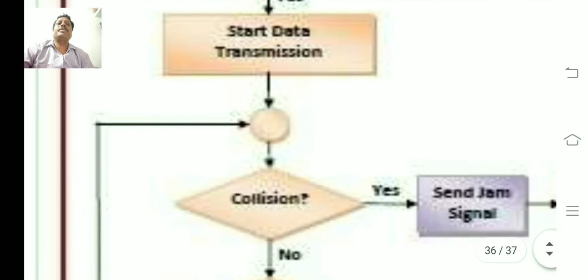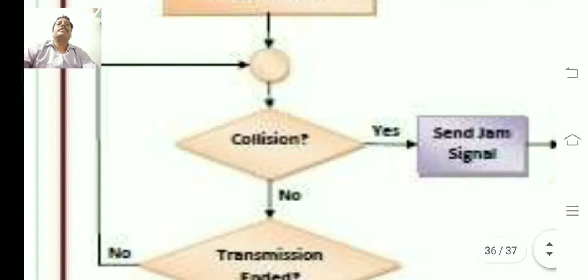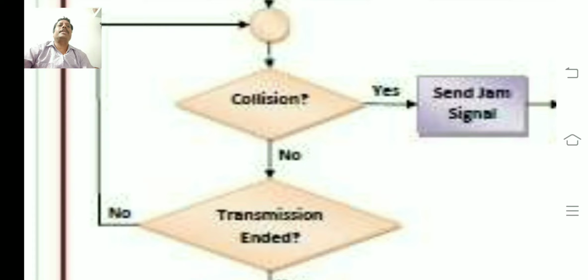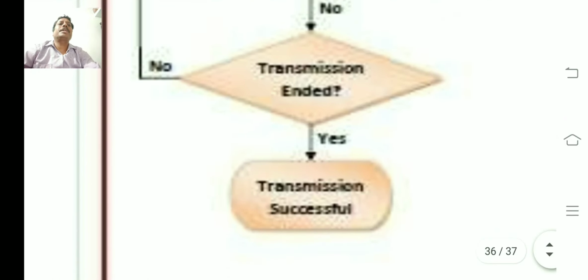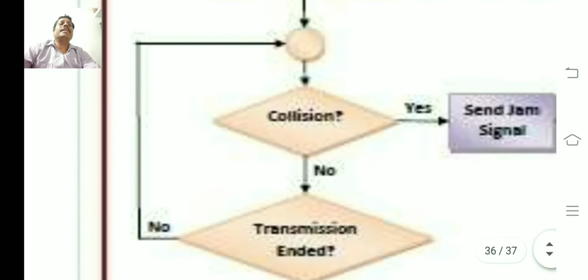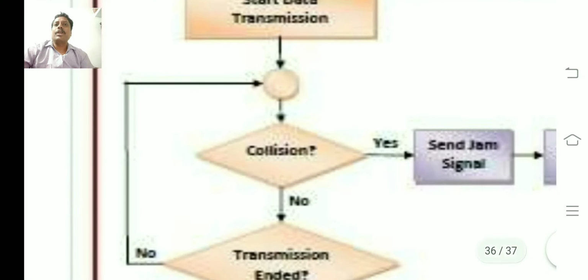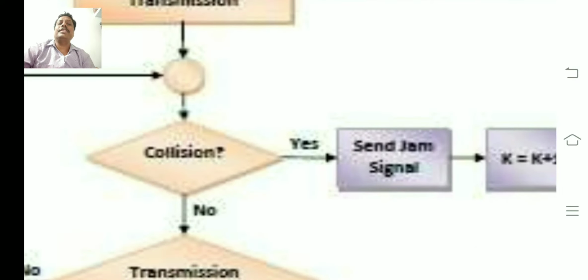Once the channel is free, of course, it starts transmission. If there is no collision, the transmission is successful. If an error occurs, that is, a collision, which happens if more than one station starts transmitting at the same time, then it sends a jam signal.